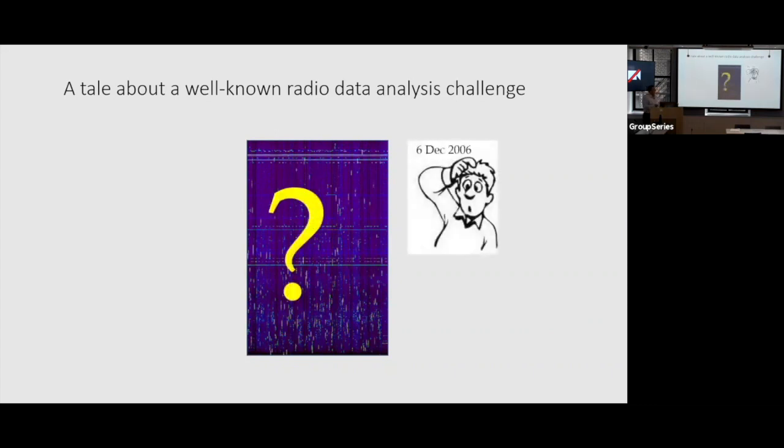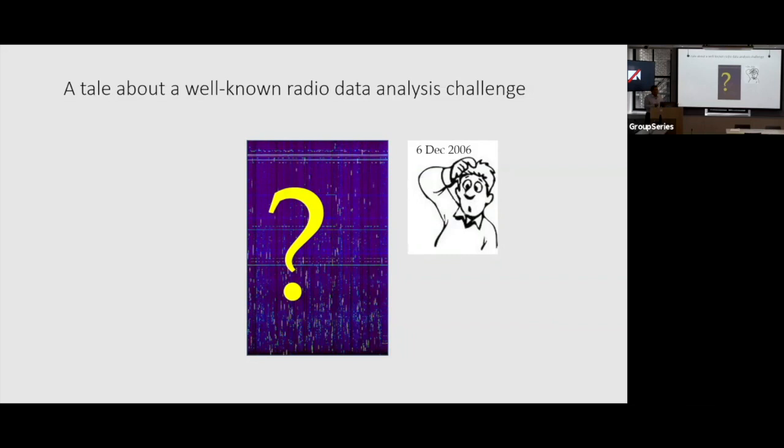Let me picture myself on December 6, 2006, when we got one of the first test datasets from the prototype of what is now the Owens Valley Solar Array. This data happened to be taken during the largest ever recorded solar radio burst in history.